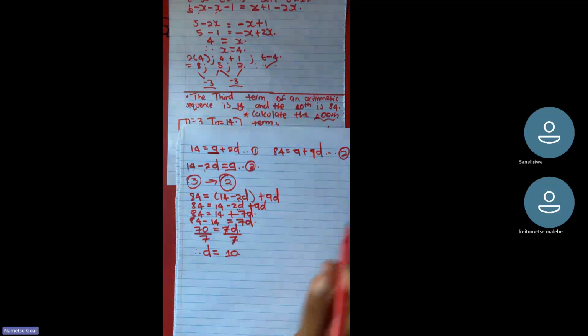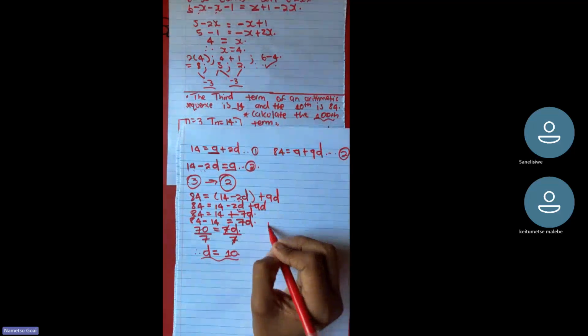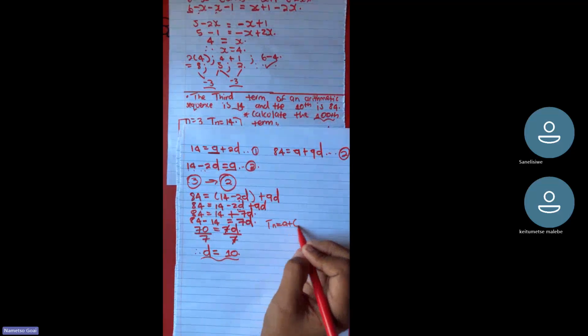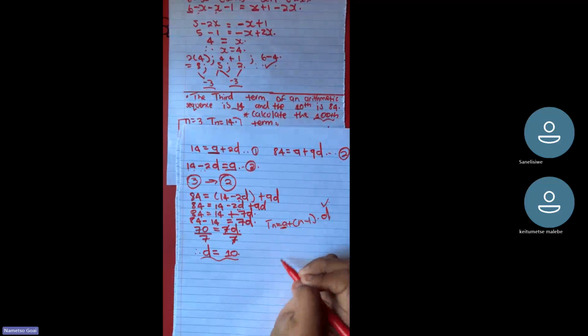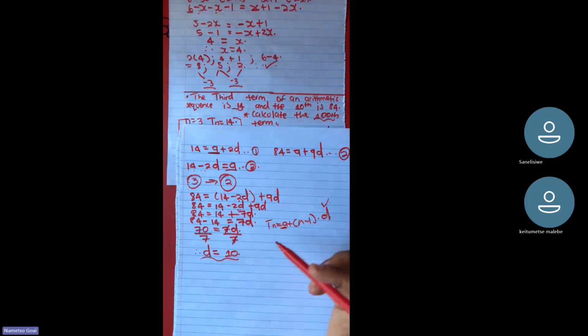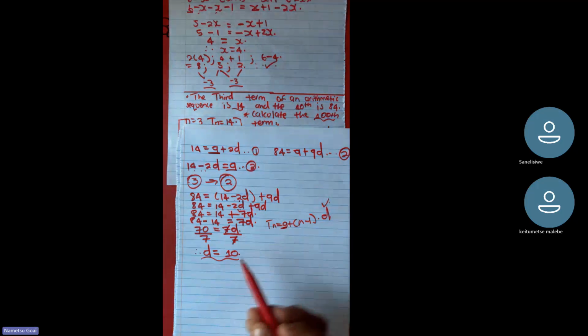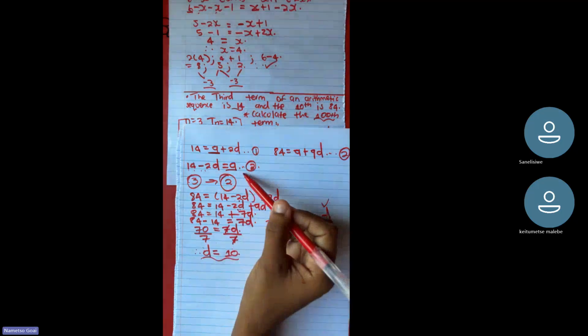Because you have your D, remember we have Tn equals A plus (n minus 1) multiplied by D. We just got the D, but we don't know what the A is, right? So in order to figure out what the A is, we can take this D and substitute it here.